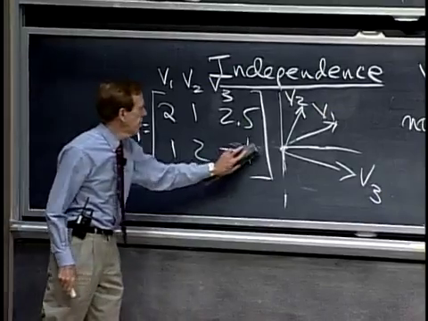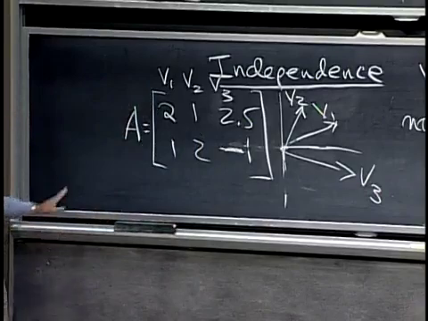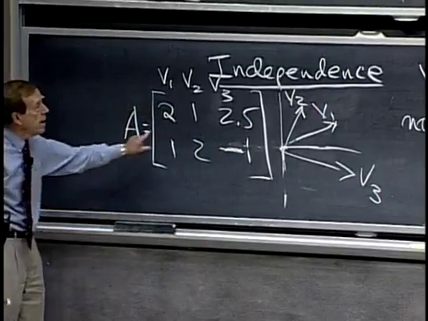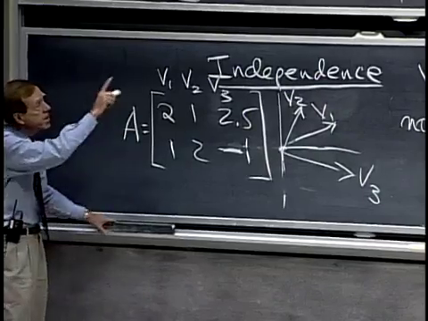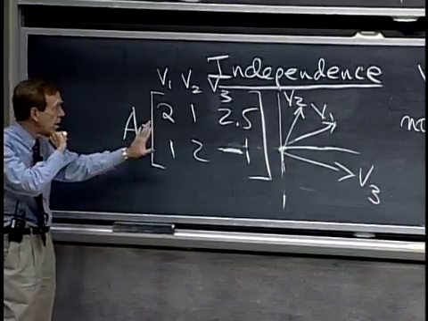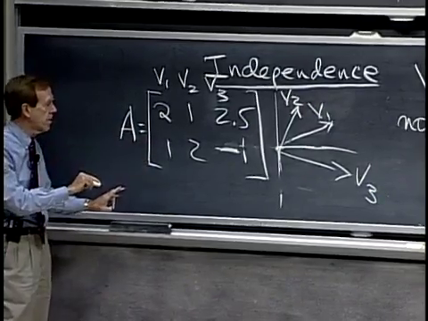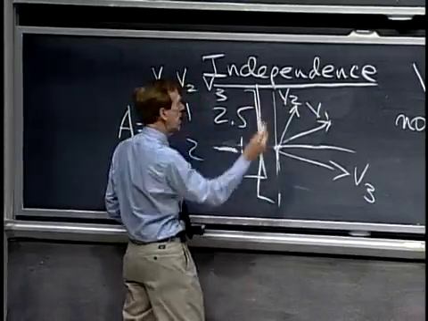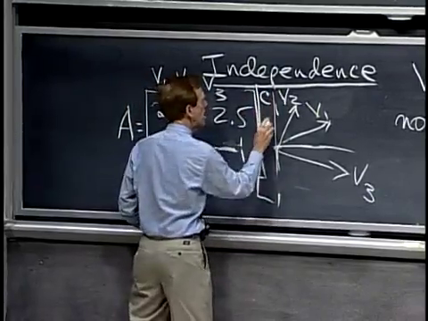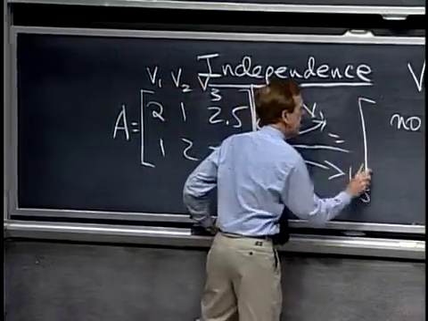Okay, those are my three vectors, and I put them in the columns of A. Now, that matrix A is 2 by 3. It fits this pattern where we know we have some free variables, we know that there's some combination, and let me, instead of x's, call them c1, c2, and c3, that gives the 0 vector.